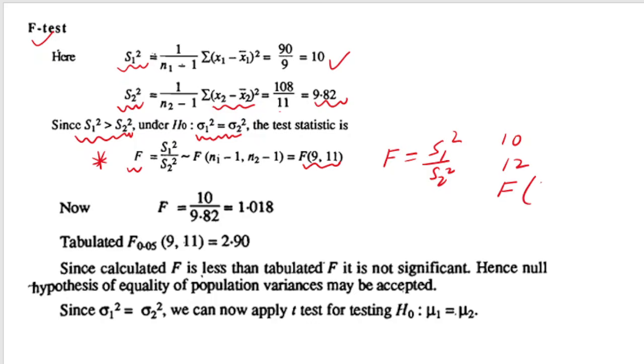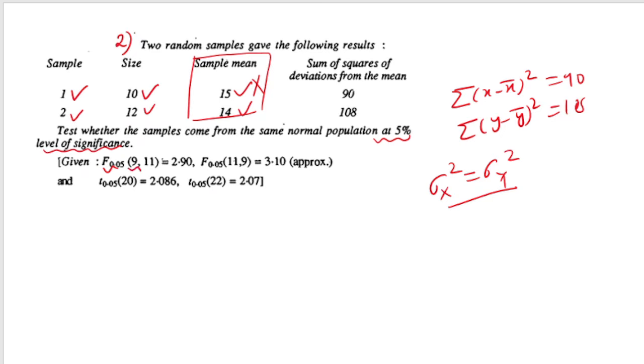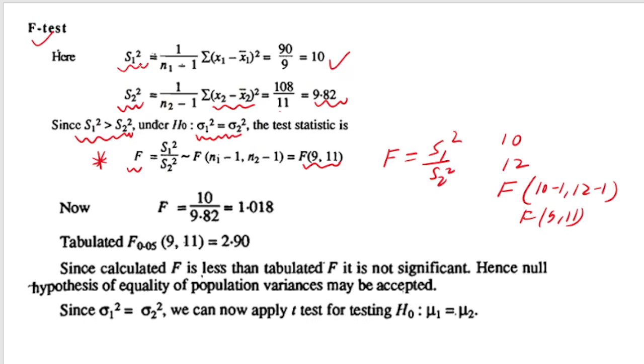We have to use the F value at 10 minus 1 and 12 minus 1, meaning 9, 11. And if you see the information that is given, they have given us both 9, 11 and 11, 9 just to confuse us about which value we are using. So be very careful. The first observation is the one which comes in the numerator here. So this should be the first value.